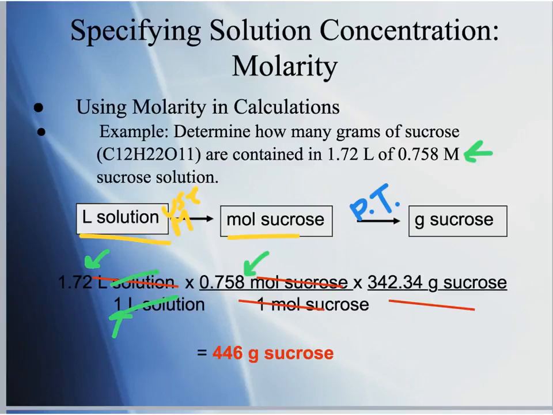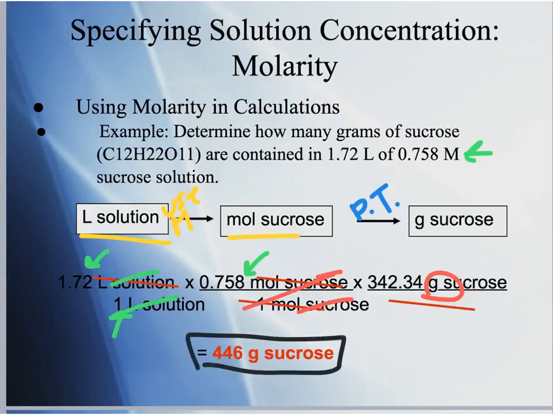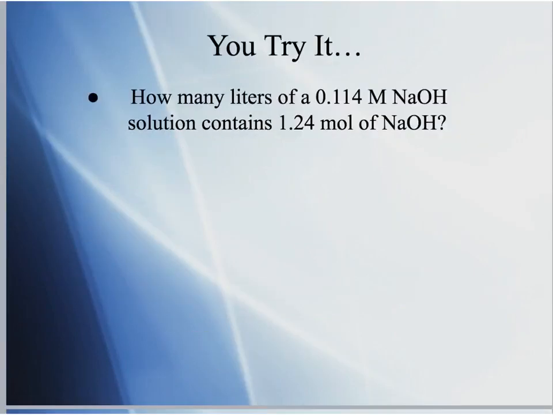And then once we've got the moles of sucrose, we can convert it to grams of sucrose by using our periodic table. If we add up 12 C's, 22 H's, and 11 O's, we're going to get 342.34 grams of sucrose per mole. And so those moles are going to cancel, and we're going to end up with our answer, which is 446 grams of sucrose.